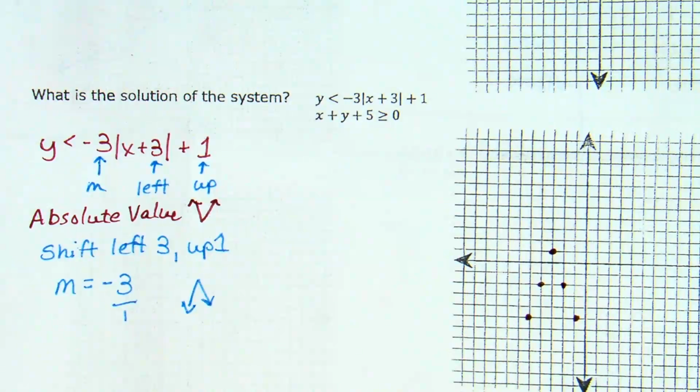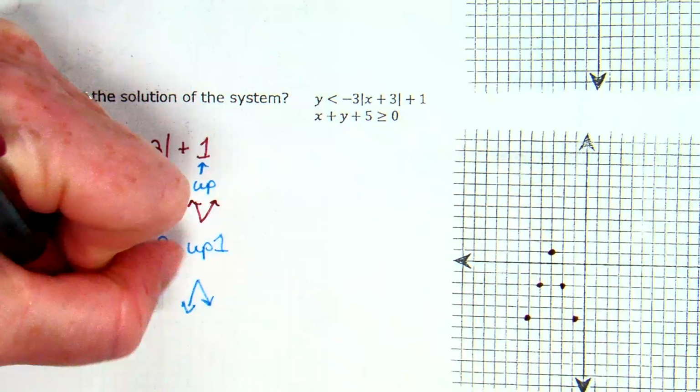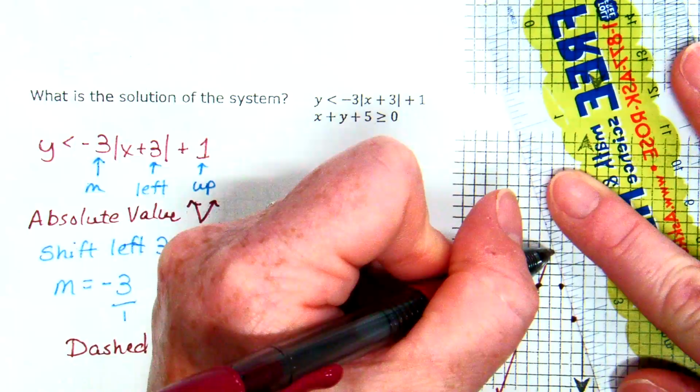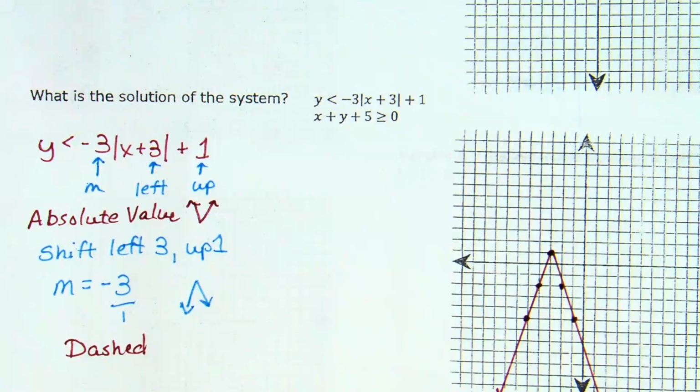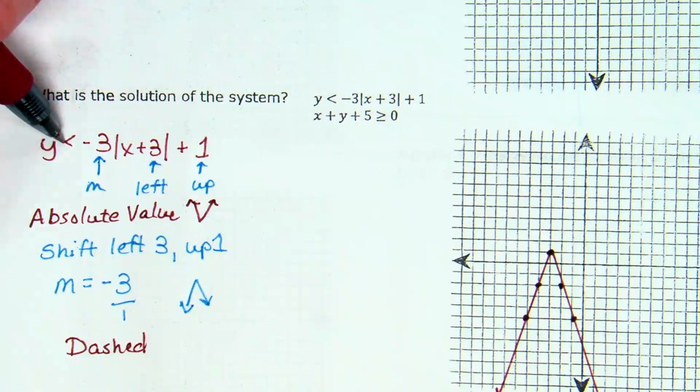Am I going to use a solid or dashed V? This is going to be a dashed V because it's not equal to. And this is a less than symbol.